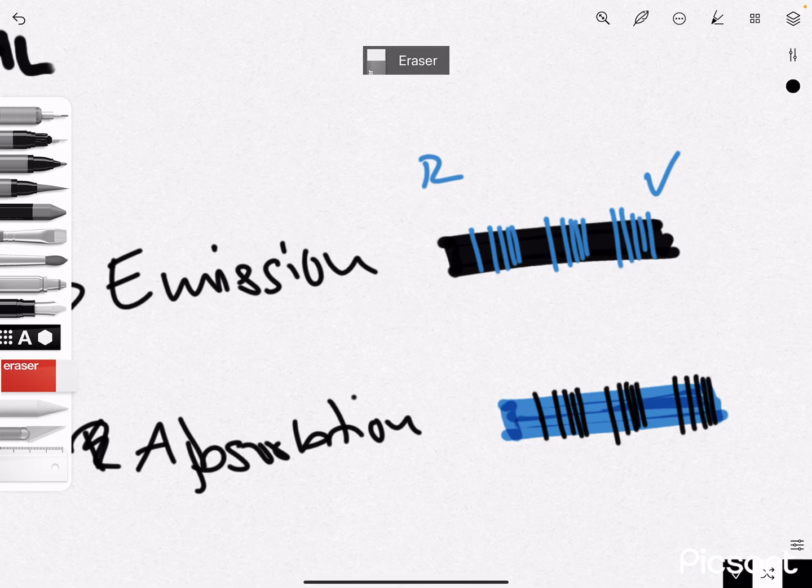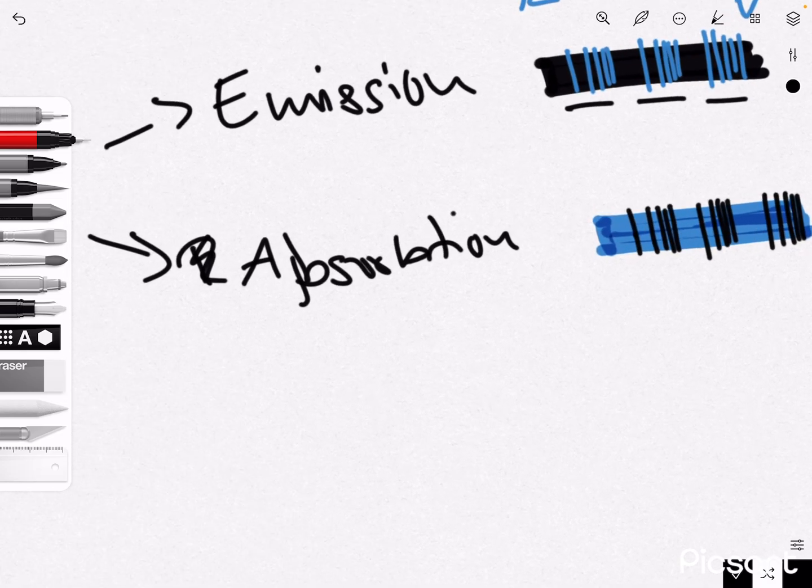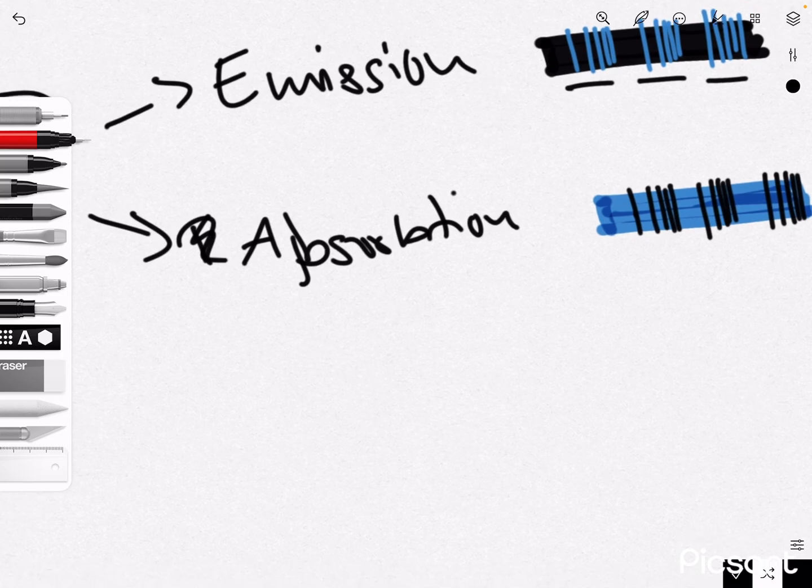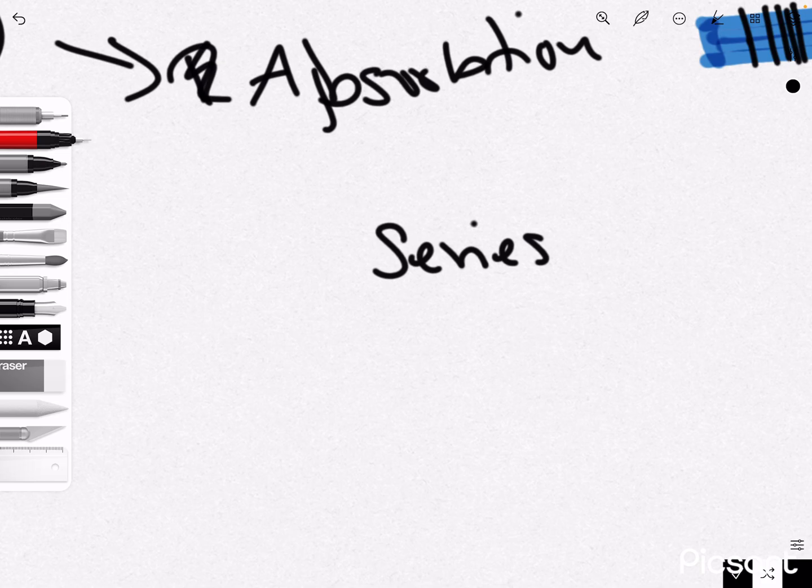If we look at this here, maybe the first thing that we notice is that we have three distinct little sections where lines are present. Now these three are called series. And there's three that we need to be aware of.